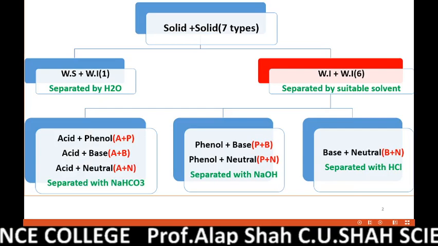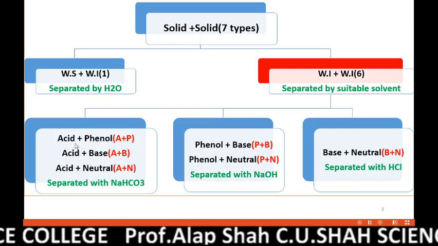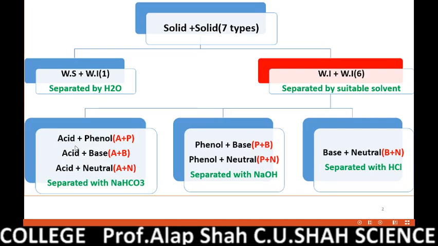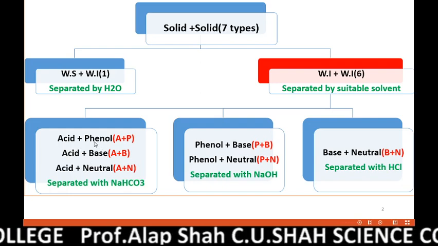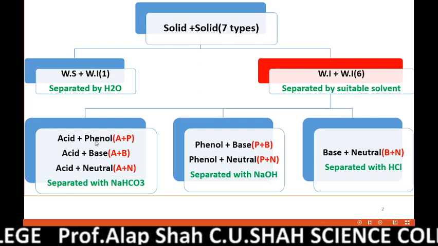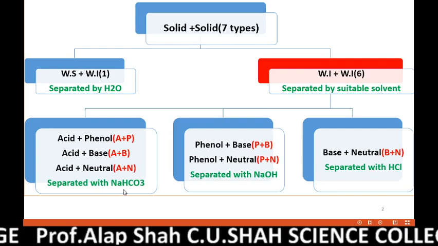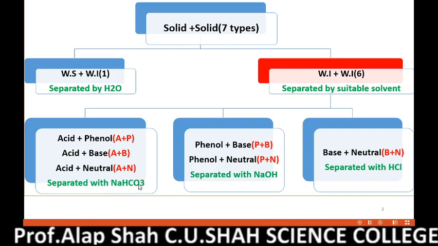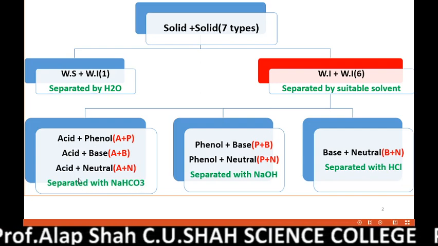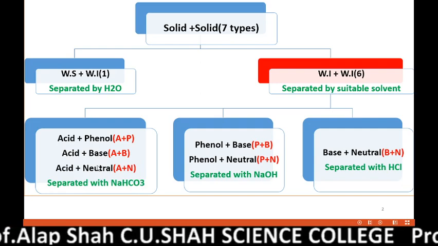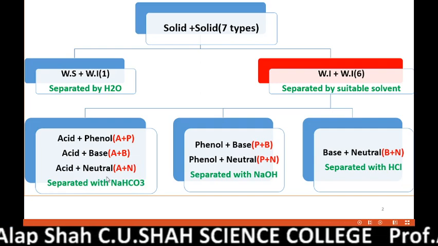So one thing is sure, whenever one component is acid, then another may be phenol or base or neutral, but we will separate such a mixture with saturated solution of NaHCO3. So in this, acid will dissolve and the remaining phenol, base, neutral will not.